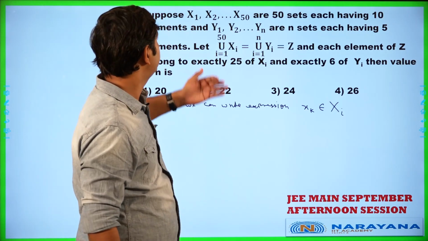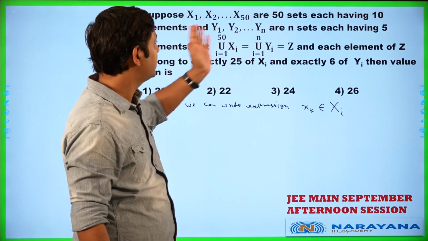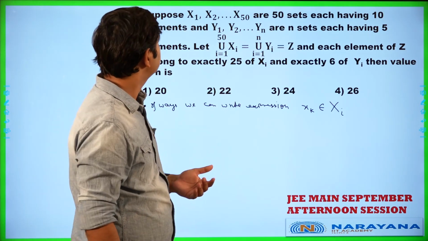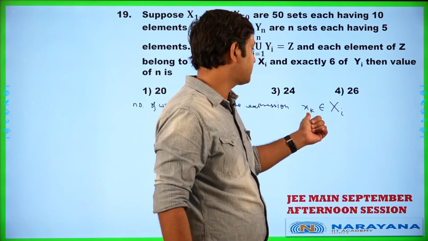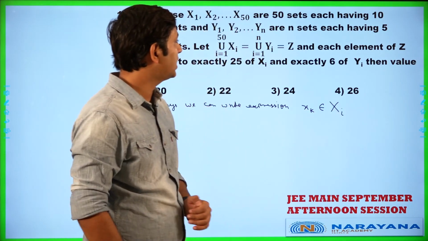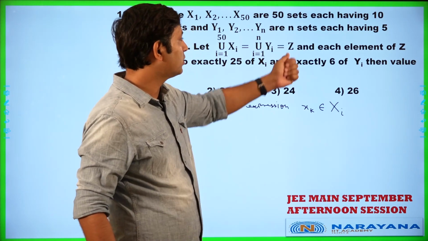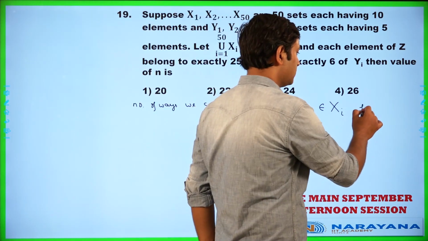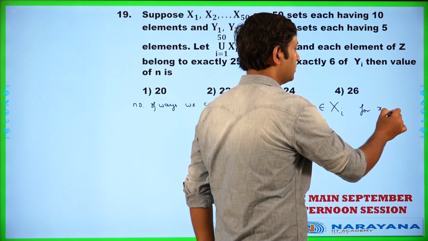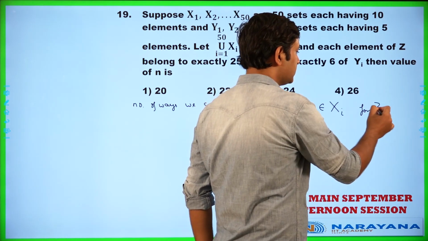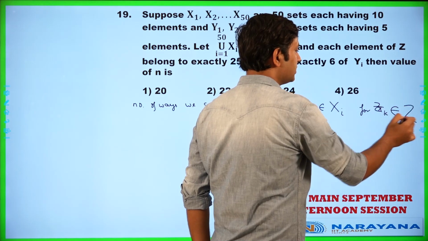Now we have these sets and they can have any number of elements, but how many ways can we write this expression, xk belongs to capital Xi? These all belong to Z. We should have used zk, so let us use zk belongs to capital Z.